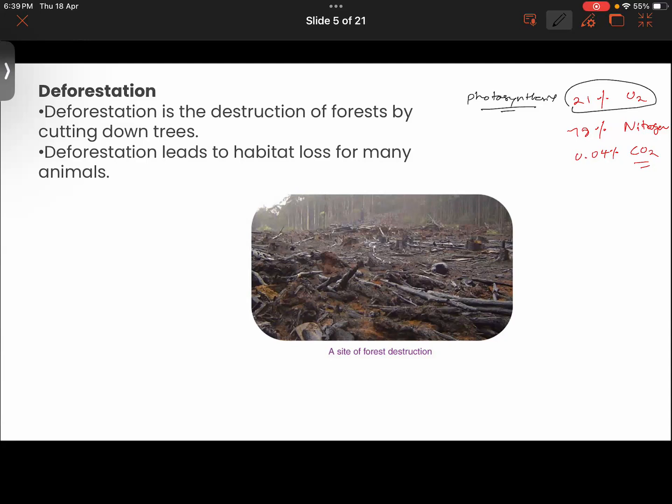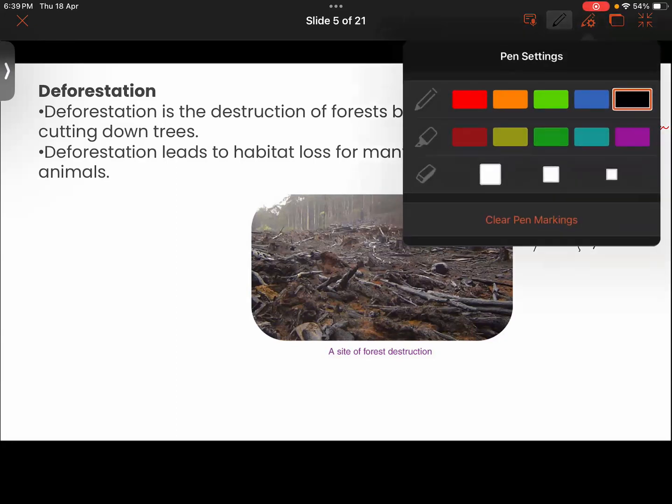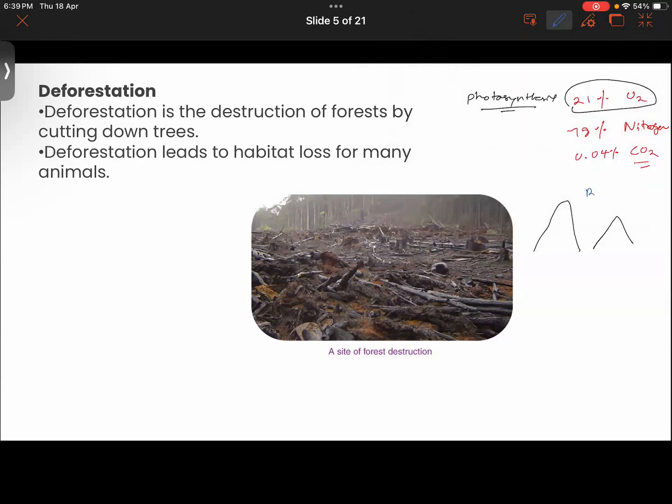You can experience this if you were to climb a hill or go to a mountain. People will suffer from a condition of breathlessness, basically due to lack of oxygen. Because when you go higher up in the hills or mountains, the amount of oxygen is less there.